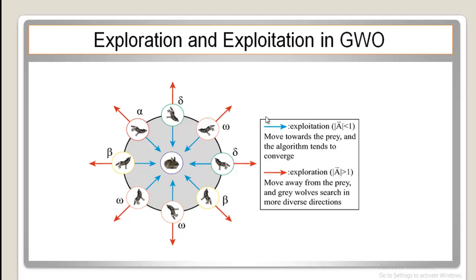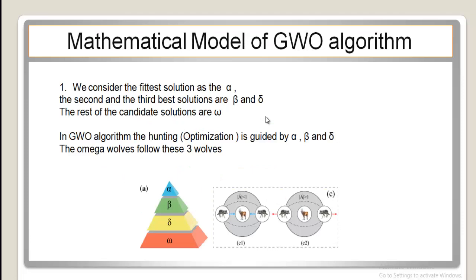The mathematical model of the gray wolf optimization algorithm. In this section, we are examining the mathematical model that forms the foundation of the gray wolf optimization algorithm for solving different optimization problems. At the top of the algorithm is the alpha value, representing the fittest solution within our algorithm.